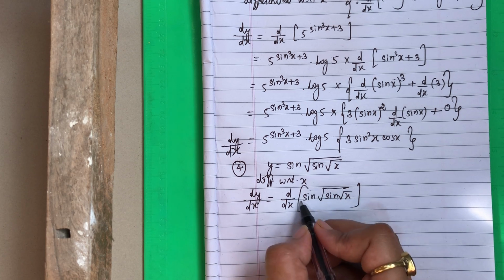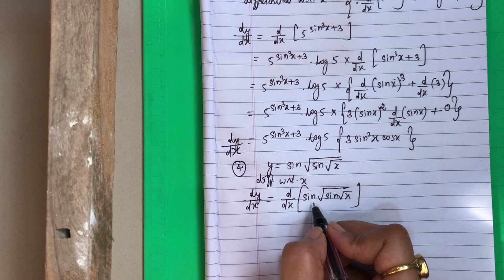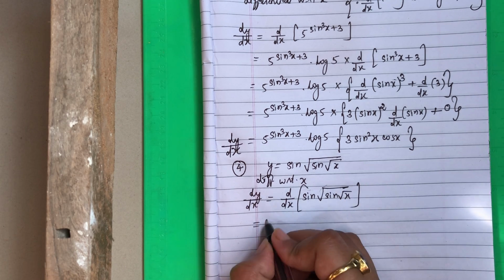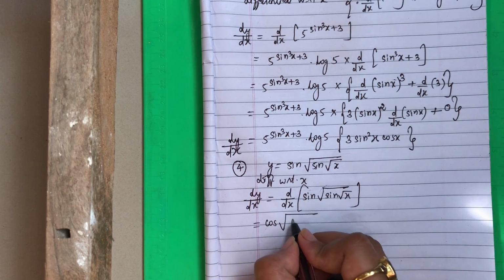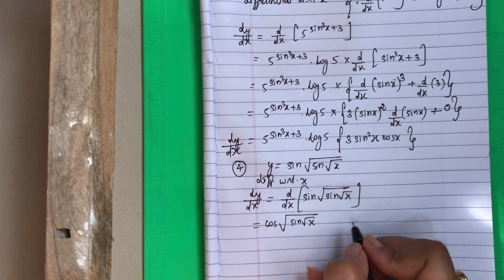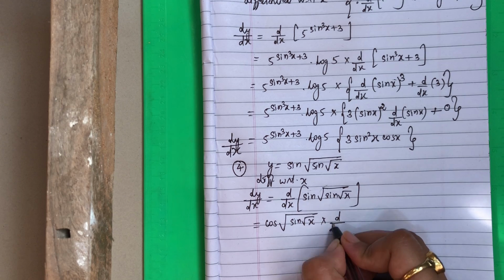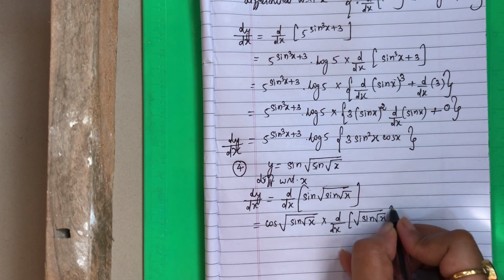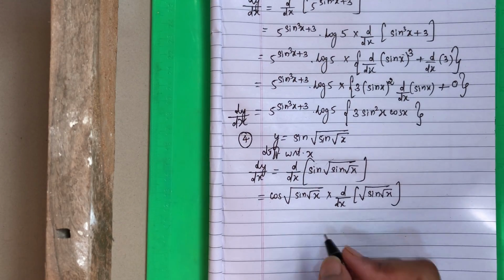First of all you need to differentiate this sine. The differentiation of sin f(x) is cos f(x). So this is cos of root of sin root x into d/dx of root of sin root x. Chain rule we are applying.